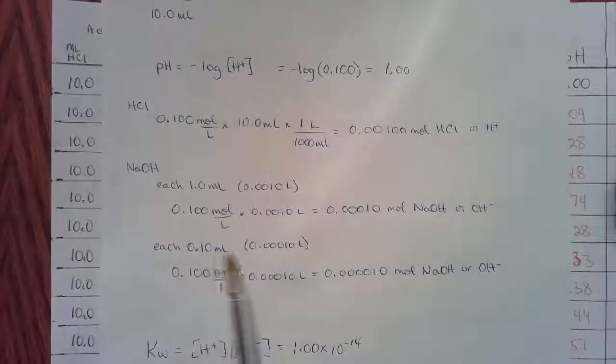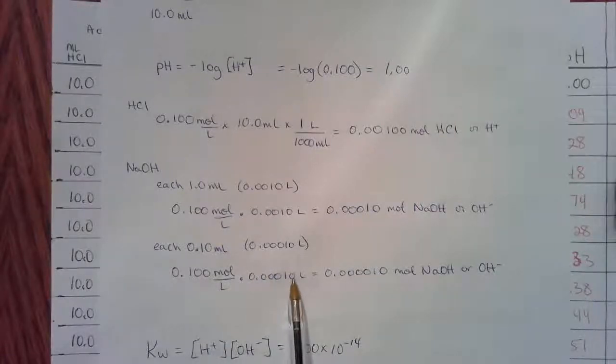For each milliliter of 10th molar, we're adding 0.0010 moles of hydroxide ion, or sodium hydroxide.